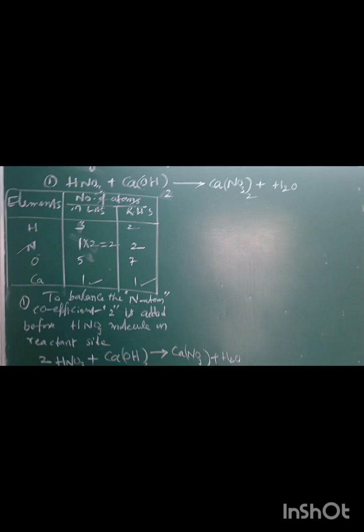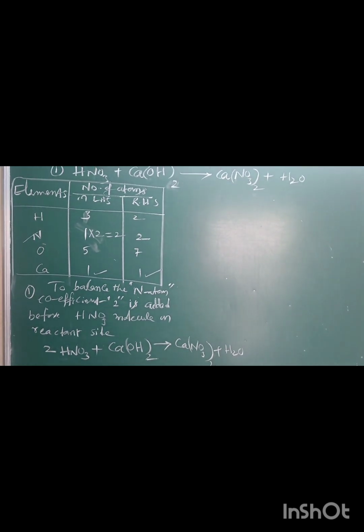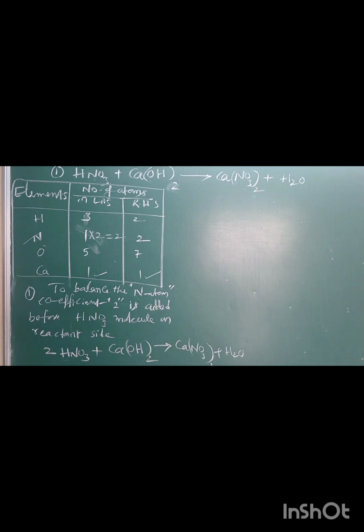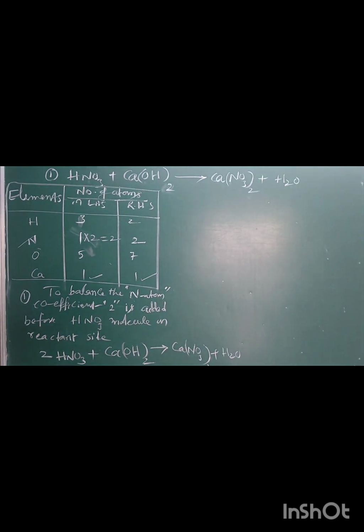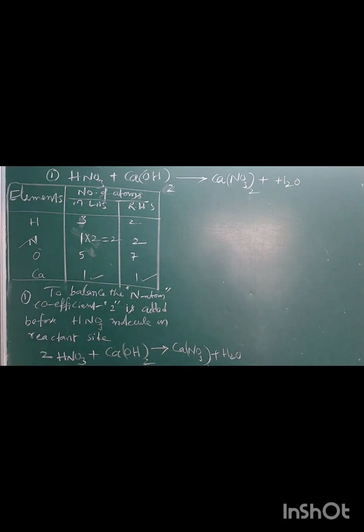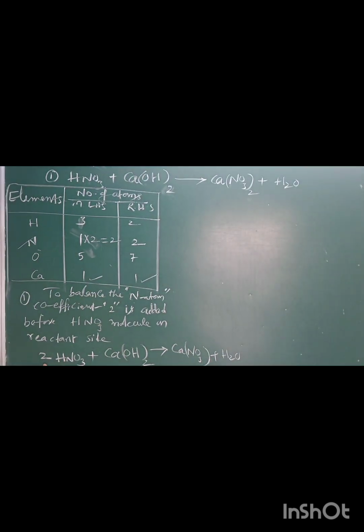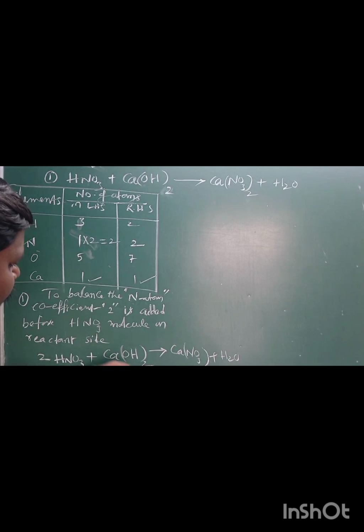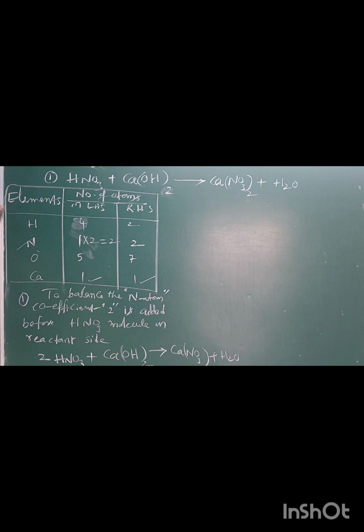I hope it is clear. Okay, now you can observe here. Now I am taking this equation. How many hydrogens are there here? 2 hydrogens. Here 2 is there. Total 4 hydrogen atoms in the reactant side.